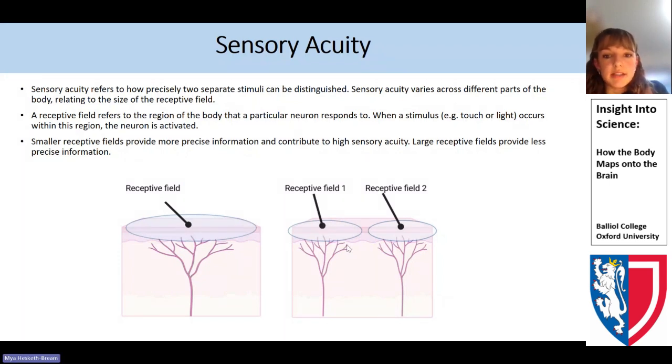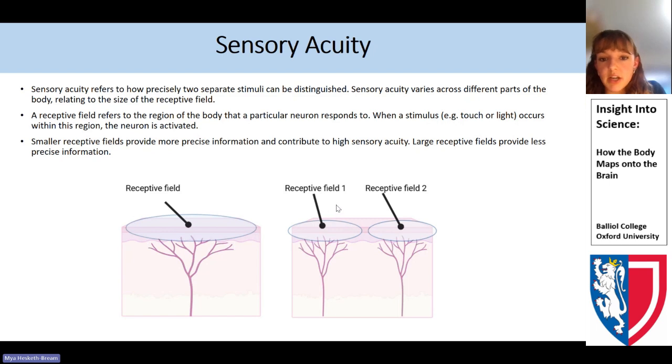So this would have a low sensory acuity because it's not able to distinguish whether you're touching here in its receptive field or whether you're touching here, because regardless, it would just become active. But if we look here on the right, we have two neurons and the area of skin that they innervate is much smaller.